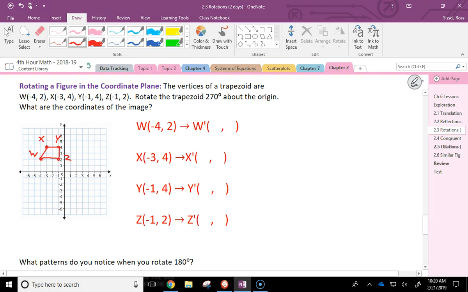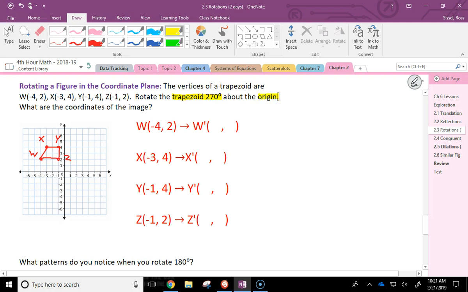Alright, without using our transparency paper, without actually drawing this yet. See, this is actually a shortcut to help you. If you paid attention, this will help you get the answer easier. It says rotate it 270 degrees around the origin. Remember, the key point is we are going around the origin.